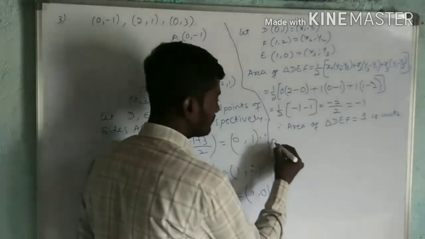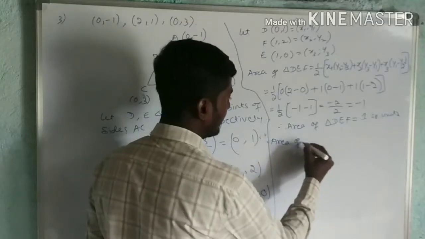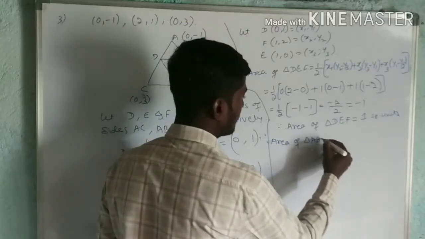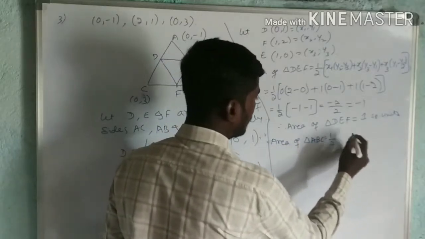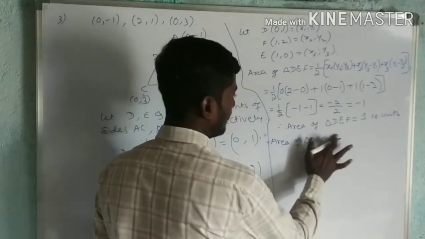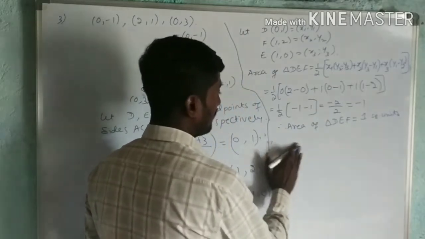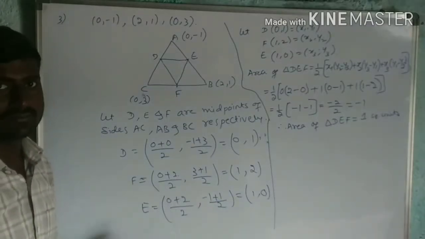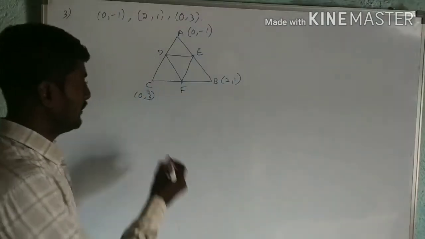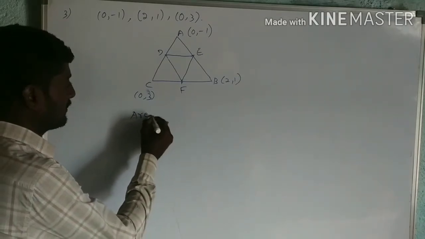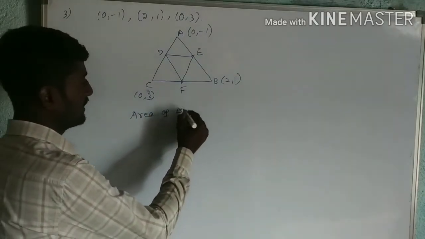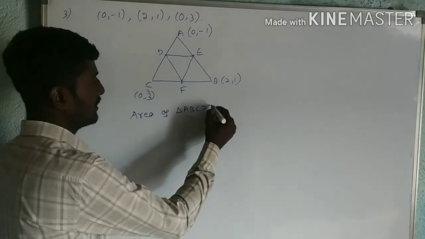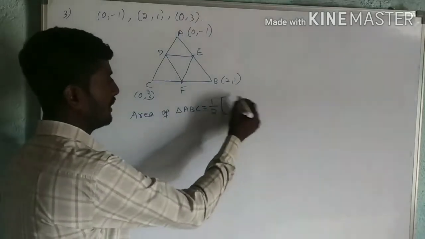So area of triangle ABC. Now this is 1 by 2 into. Now I will rub the board. You pause the video and first you write this. Now area of triangle ABC is equal to 1 by 2 into.